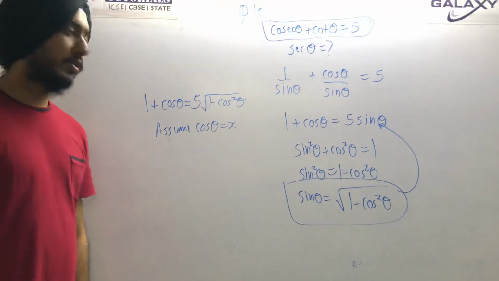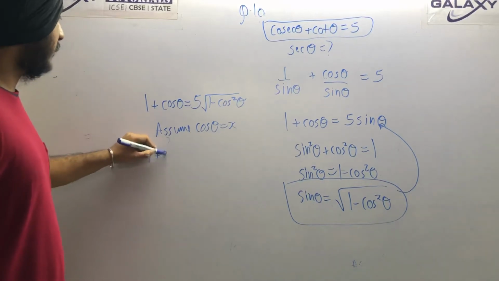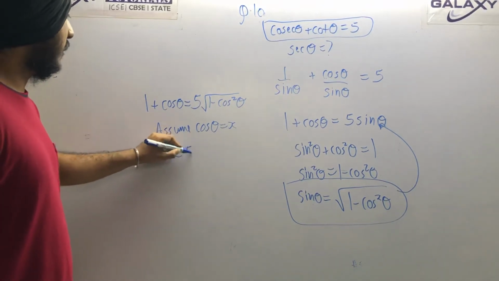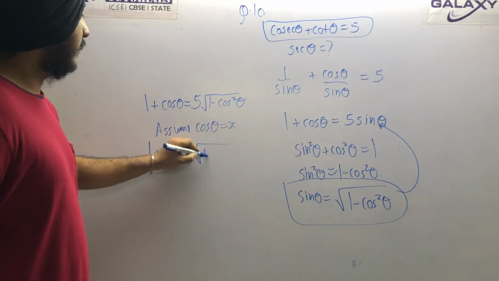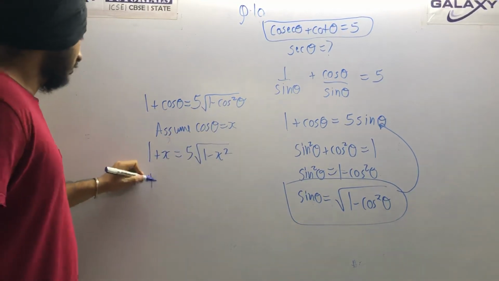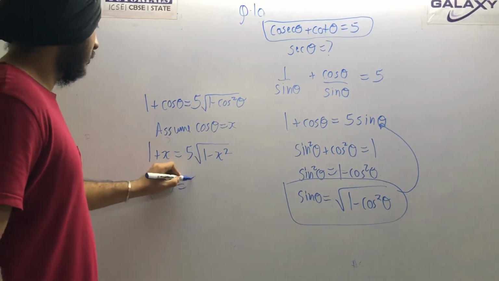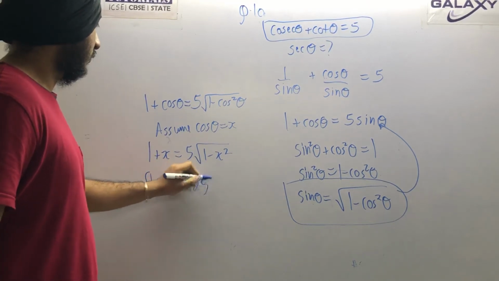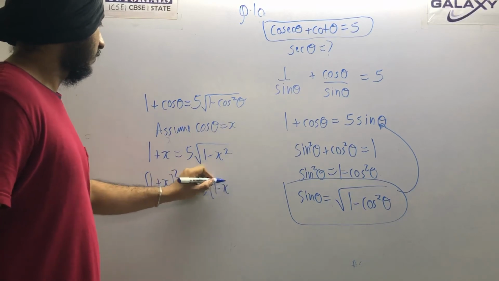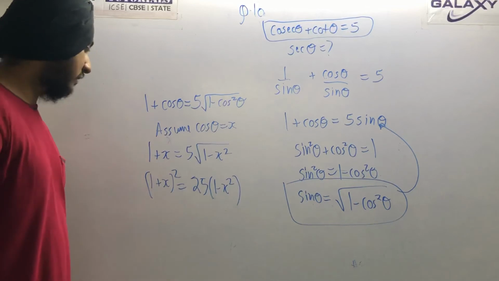So 1 plus x is equal to 5 under root 1 minus x square. Just square both the sides. Yes, square root will disappear because you squared both the sides.